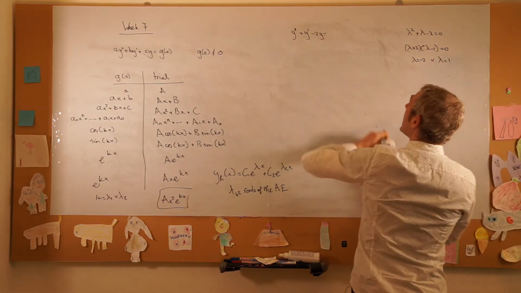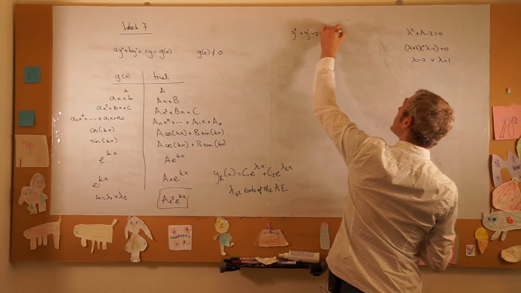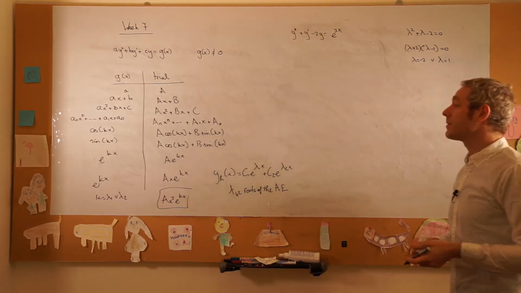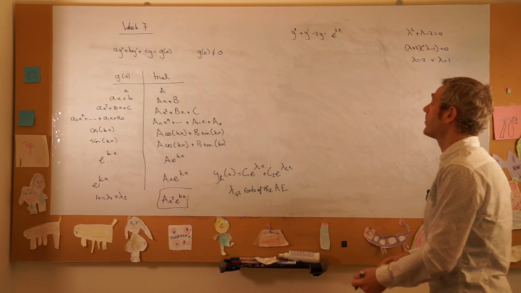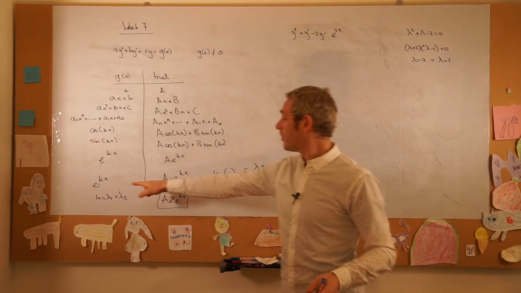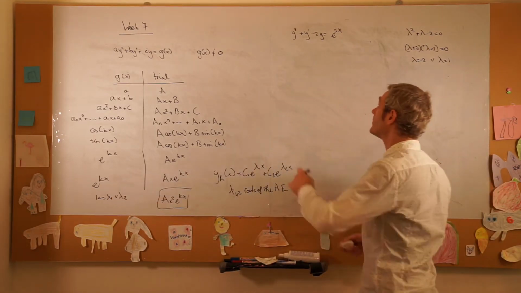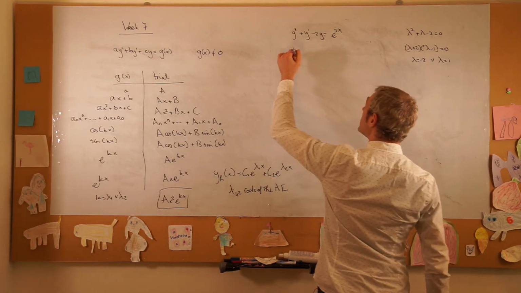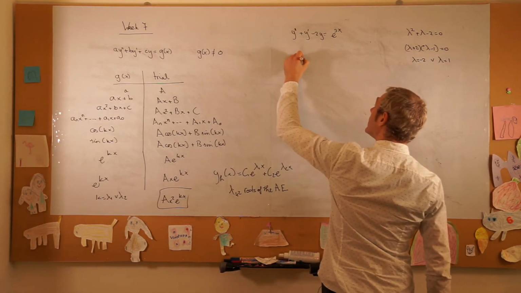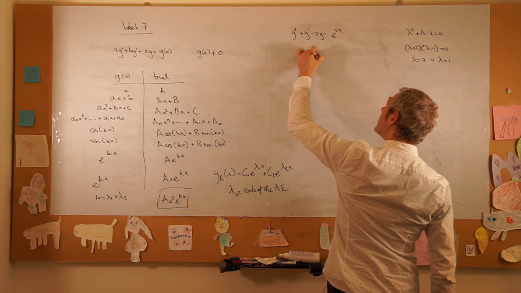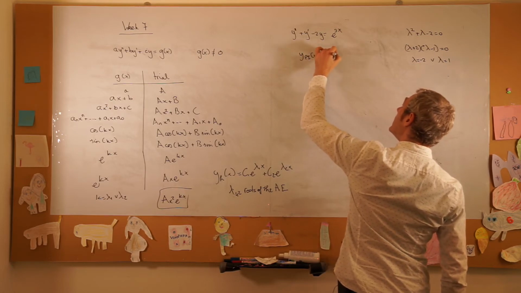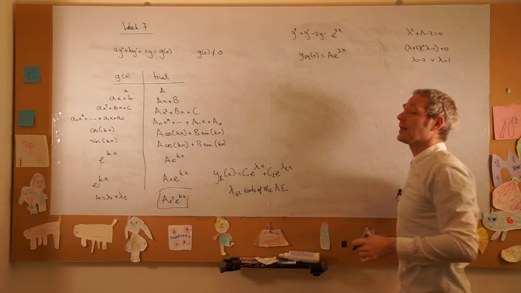And now let's look at e to the power of 3x and see what our particular integral will be there. Well, it is an exponent where k is not one of the roots. So we can write out that our trial function is equal to a e to the power of 3x.